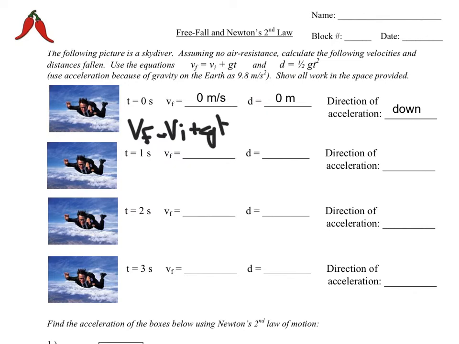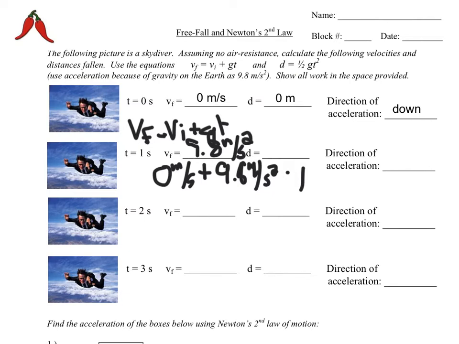Our initial velocity was 0 meters per second plus gravity, which is 9.8 meters per second squared, times our value of time, which is 1 second. Therefore, we find that the final velocity is going to be 9.8 meters per second.